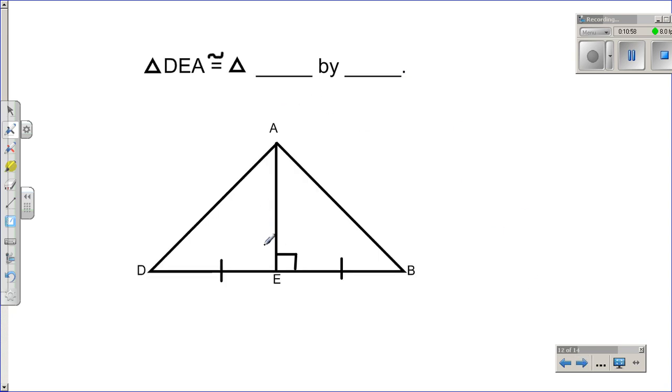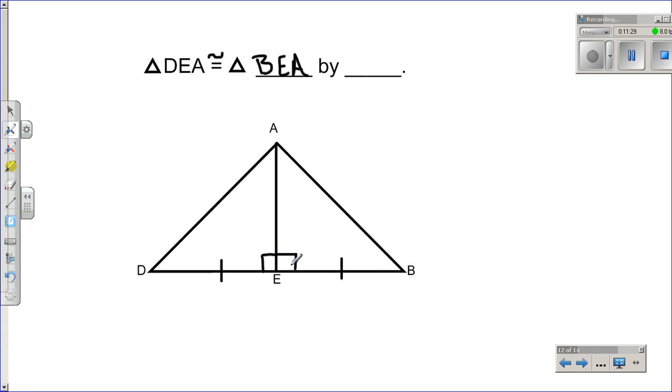Alright, this one says DEA. So I went across this and then up. Went across the 1 and then up. So over here I got to do the same thing, across the 1 and up. So it would be BEA. Now I have this side and a 90-degree angle.